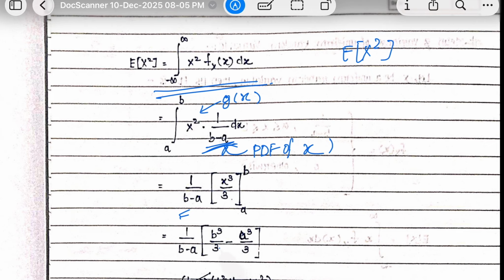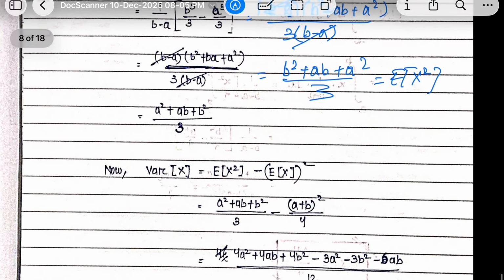So 1 by b minus a, b cubed by 3 minus a cubed by 3. If I'm remembering the property, it gives 1 by b minus a, b square plus ab plus a square by b minus a, and the remaining 3. So cancel this, and we get b square plus ab plus a square by 3. This is the value of the expectation of x square.